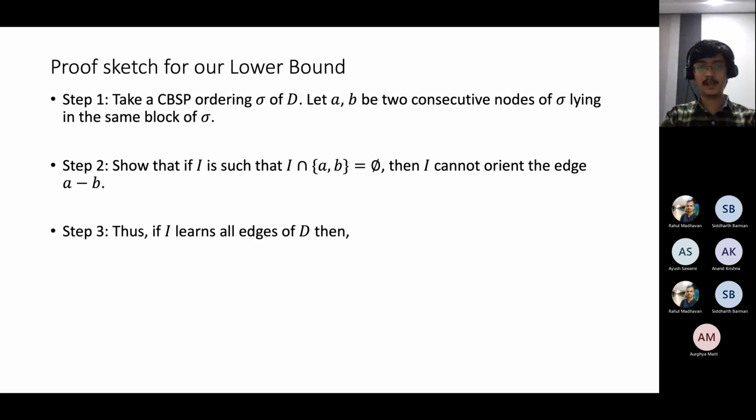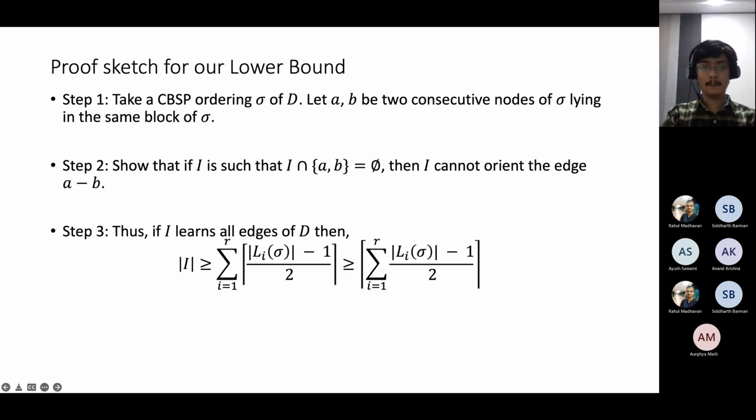Using this step 2, we would obtain that the size of I is greater than or equal to the quantity shown here, where the mod L_i of sigma is the size of the ith block.